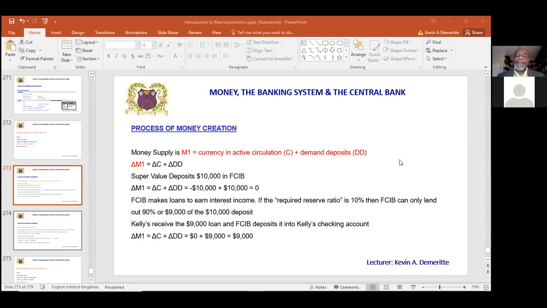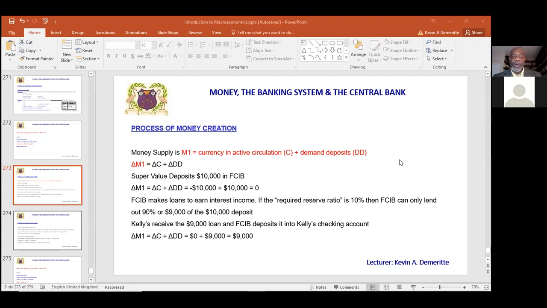FCIB can only make use of 9,000 of that 10,000 and convert that into loans. The other 1,000 they have to hold on to because Super Value or somebody else may want to withdraw from their accounts. Fine.